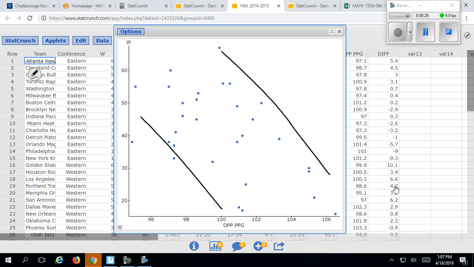See that? The higher the points they allow, the lower the number of wins they have. So as you go left to right on the x values, if the y values go down, then we call this negative correlation. Negative correlation.